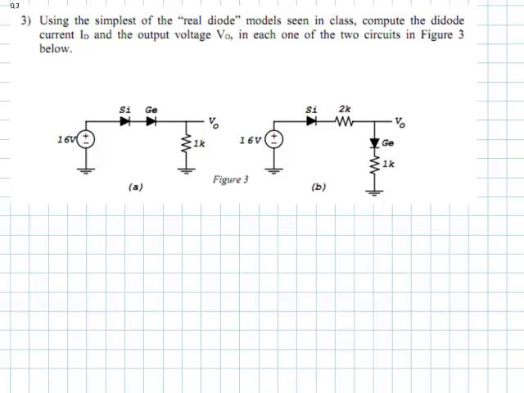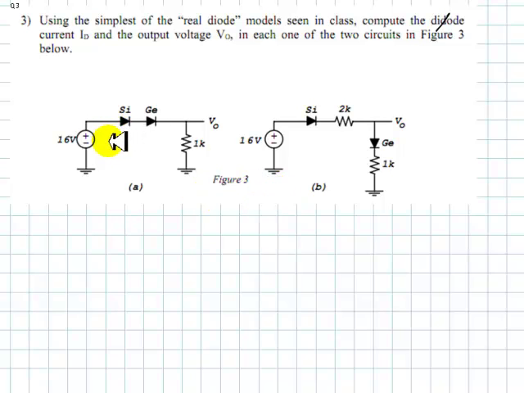Now we proceed to question number 3. Using the simplest of the real diode models seen in class, compute the diode current ID and the output voltage V0, this one, in each one of the two circuits in figure 3 below.